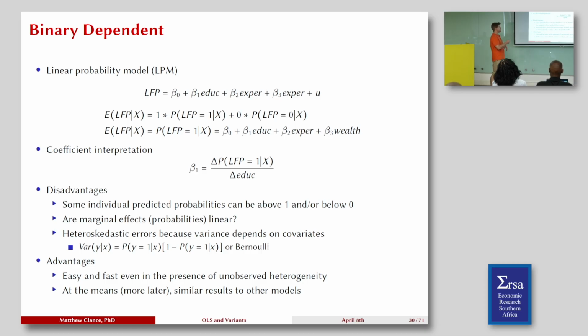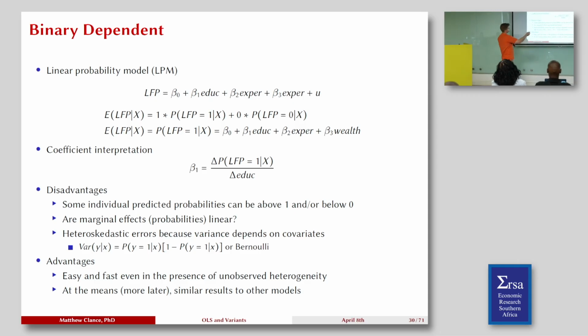This becomes the expectation of a binary variable given the covariates on the right-hand side, which ends up being a probability. When we write this out, we can focus on just the probability of success, that you actually have that particular outcome.